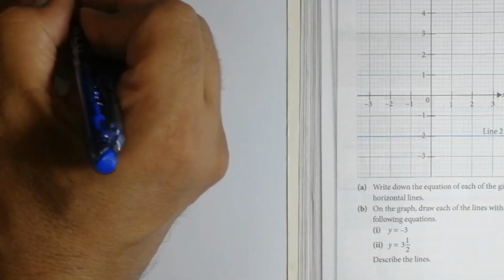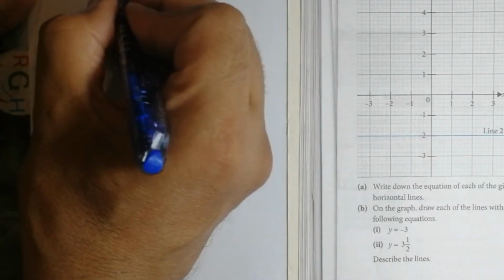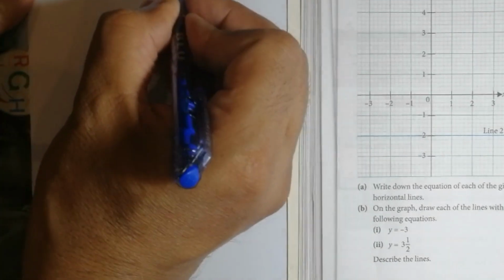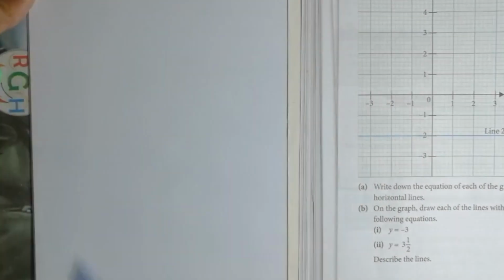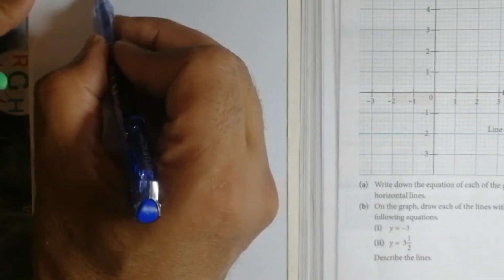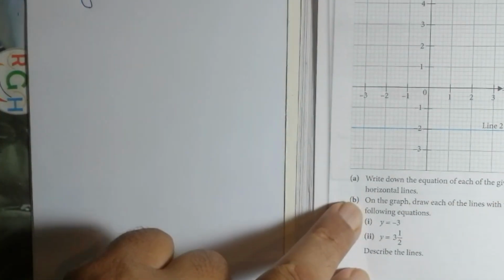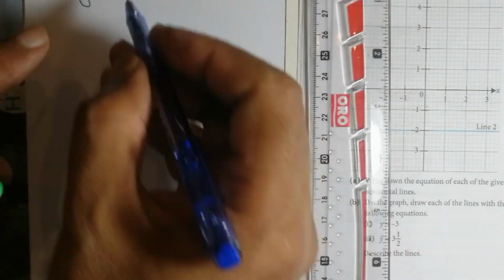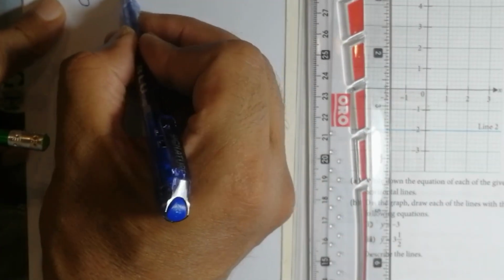So the equation of line 1, which is parallel to the x-axis, is y equal to 6.